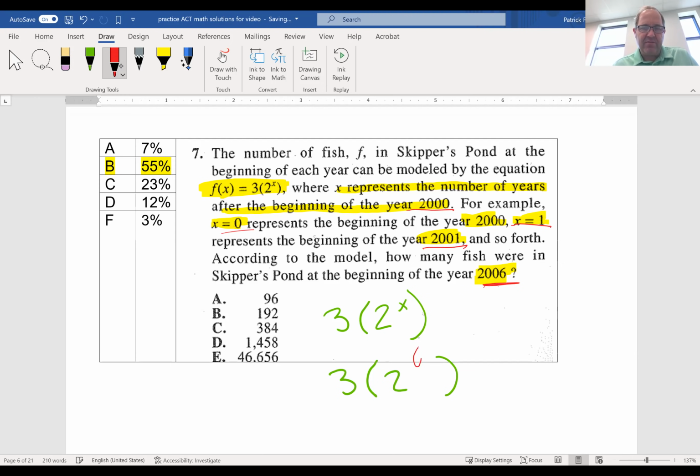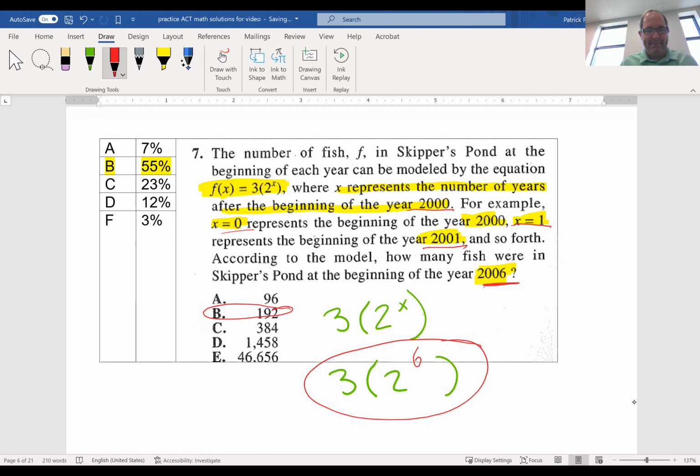Oh, it'd be a 6. Okay. Let's type that into your calculator, right? We go to our calculator and type that in. 3 parenthesis 2 to the power of 6. 192, which is letter B.